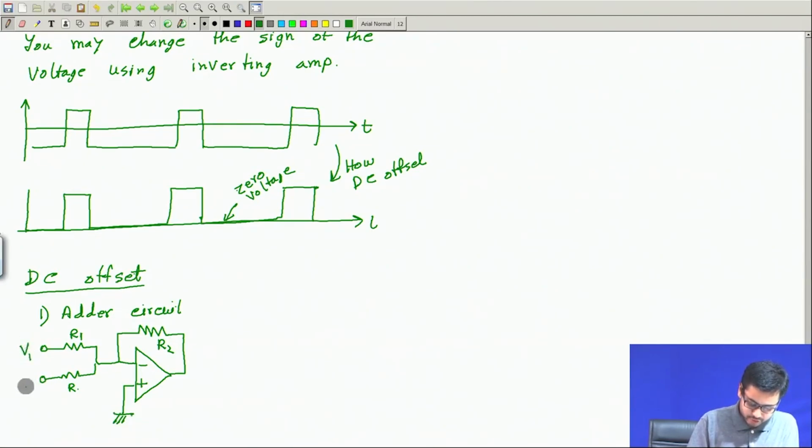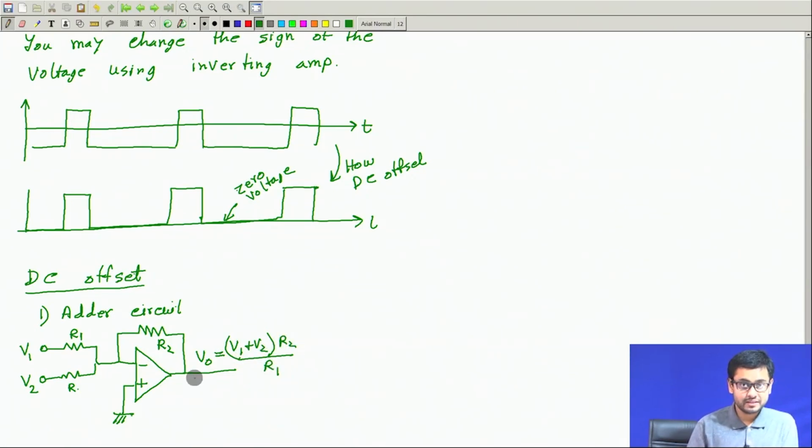If this voltage is V1 and this voltage is V2, then output VO is equal to V1 plus V2, whole multiplied by R2 by R1. Please recall that we studied this circuit when we were studying the digital to analog converter. Let me just tell you briefly why this is so.